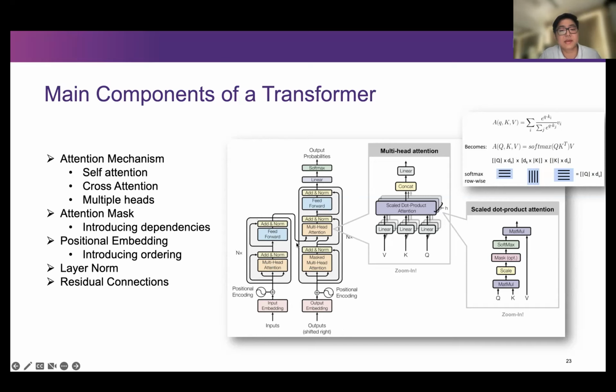Then we have cross attention, which takes the input from the left block and injects that into the decoder. Then we have other more trivial parts like layer normalization and residual connections. I hope all of these blocks you can piece together, and when you look at the paper, you can see how they come into play. And again, all of these are multi-head. We have multiple stacks of those projections to create multiple types of correlations.